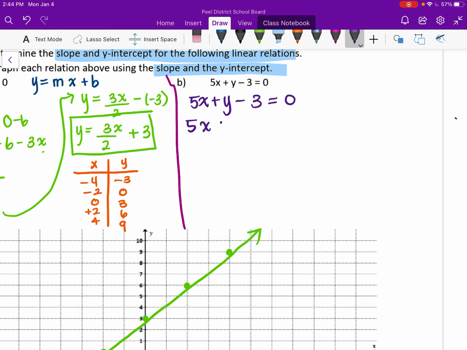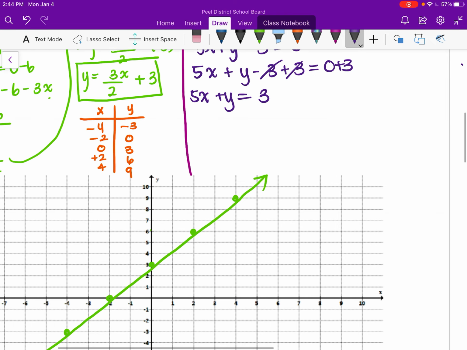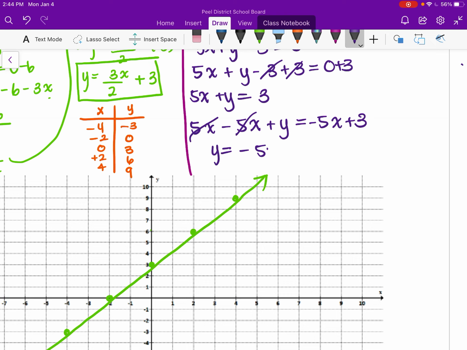So 5x plus y minus 3 plus 3 equals 0 plus 3, right? 5x plus y equals, this cancels each other out, so we're left with 3. 5x minus 5x will give me 0, so I'll get y by itself. So then I'm left with negative 5x plus 3. Right, y equals negative 5x plus 3.